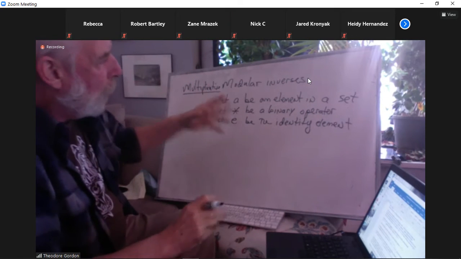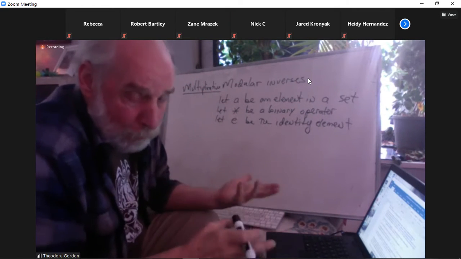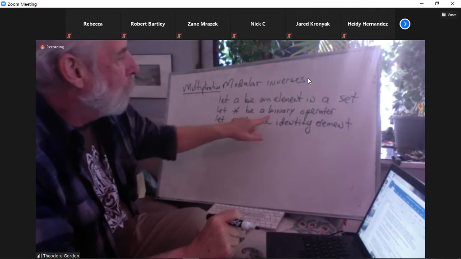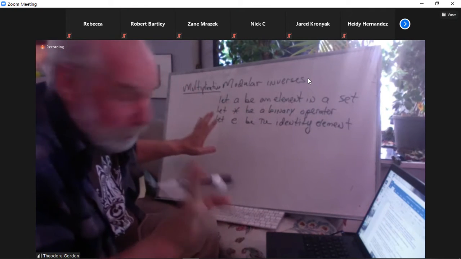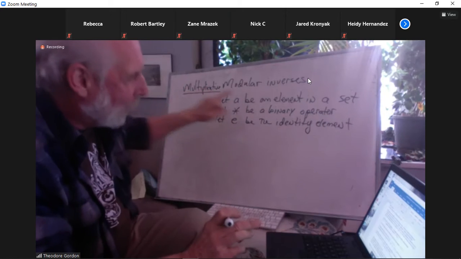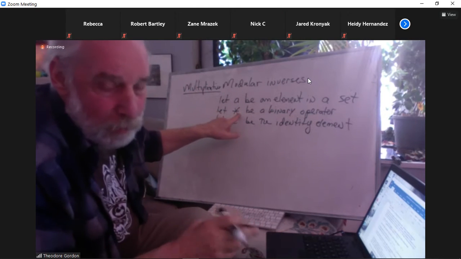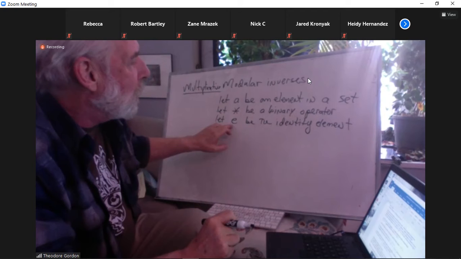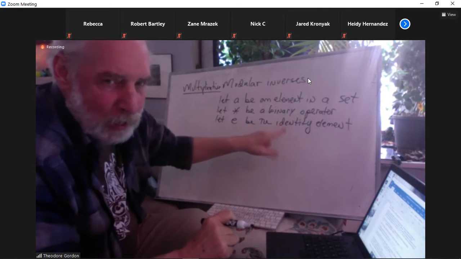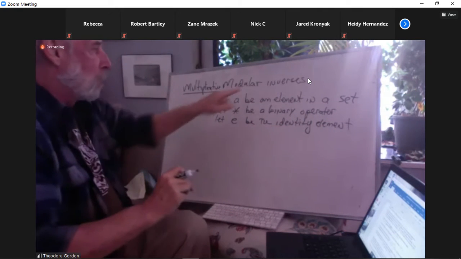So A is an element of a set of objects. The star is a binary operator, in this case, for today, a binary multiplicative operator. In other words, this is the times sign. And E is the multiplicative identity element. Now, inverse.